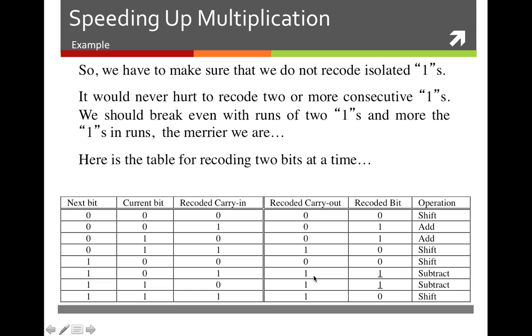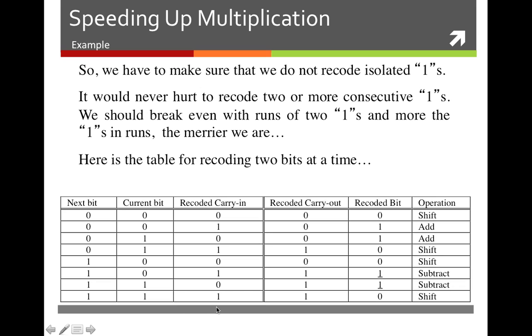And of course you have to generate a recorded carry. And the next case is exactly the same as this case, except the 0 is here and the 1 in there. So nothing is coming in but the two bits that we want to recode. Current bit and the next bit, they both are 1. That means we really have to put a negative 1 in there. So these two cases are identical.